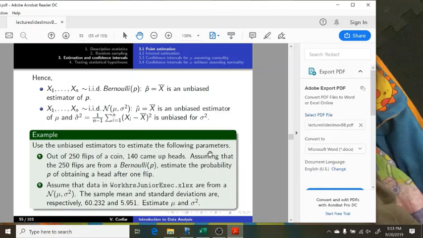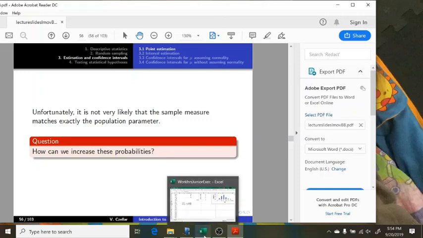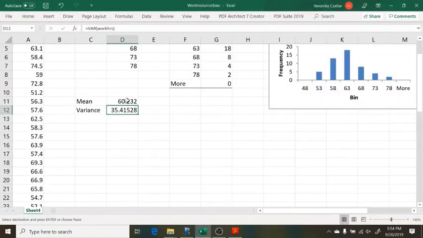Now, it is not very likely that the sample measure that I just calculated exactly matches the population parameters. So these are simply estimates of what I just calculated.